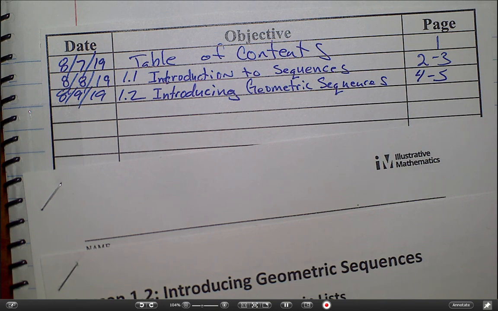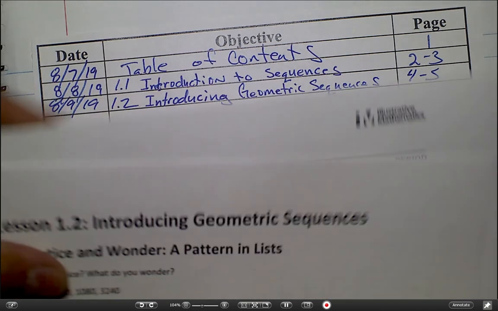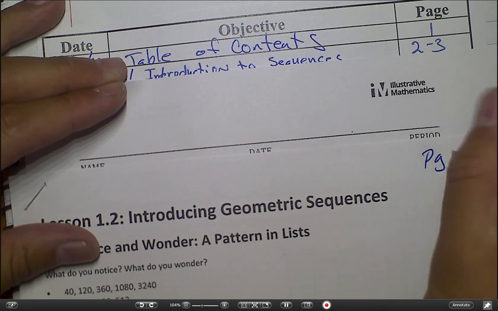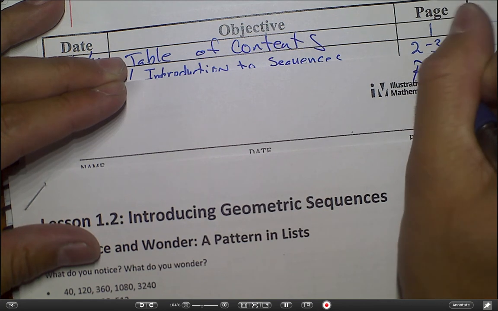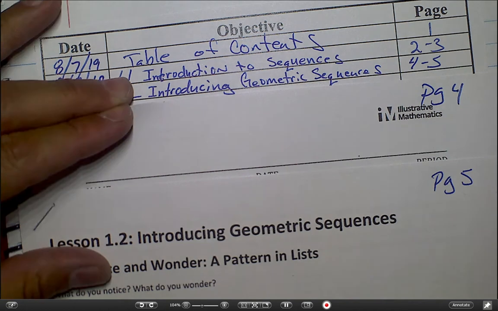So, I'll get you guys the table of contents and everything in a little bit. All right. Let's see. So we have this. You guys updated your table of contents. Now, this one right here is going to be page 5. This one is page 4. So page 4 and page 5.